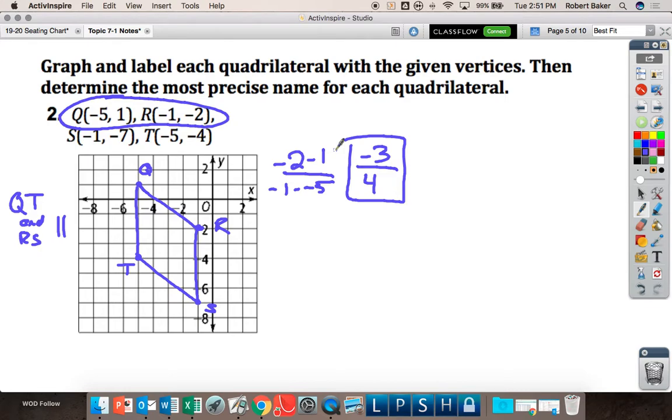Does the slope -3 over 4 make sense? Yes. It's a negative line. Cool, check. So what do I get for TS? The same thing.